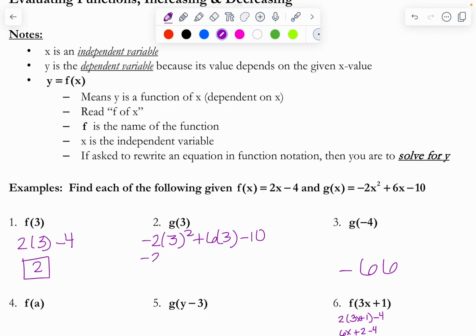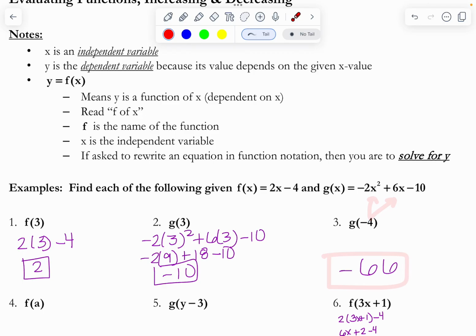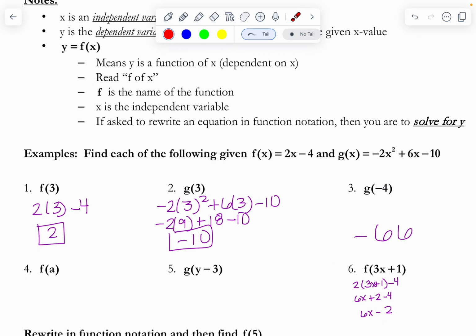So I have negative 2 times 9 plus 18 minus 10. When I do all of that, I'm going to get negative 10. Now, I did the next one. I just replaced x with negative 4, and I got negative 66. So if you want to check that, you can go ahead, pause the video, and do that.